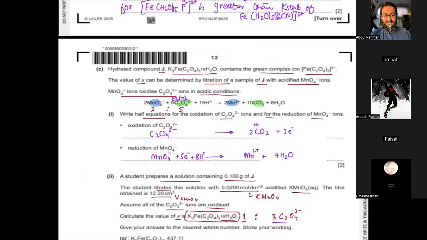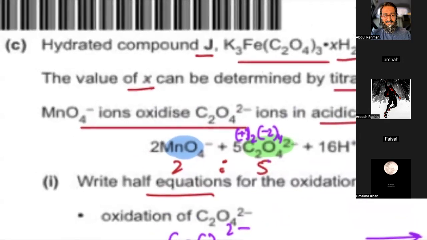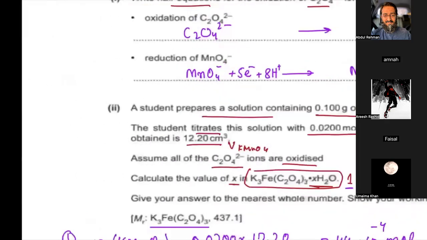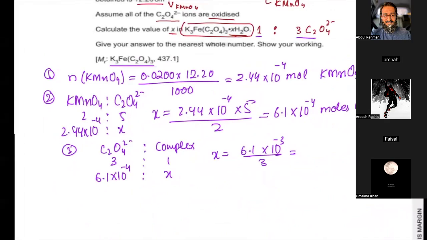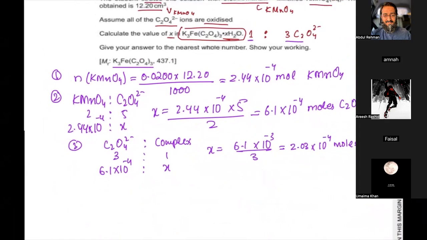Yes, Amna, we did the ratio from here. See the equation. So it is going to be 2.03 exponent minus 4, right? So these are the moles of K3Fe(C2O4)3.